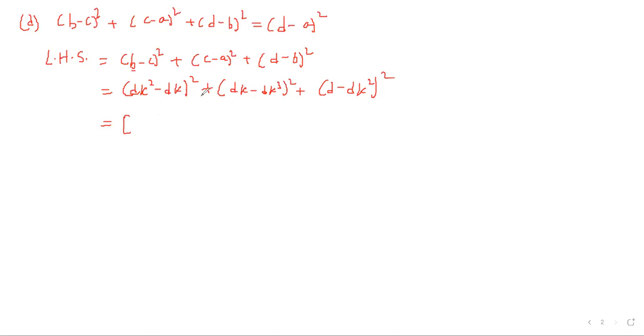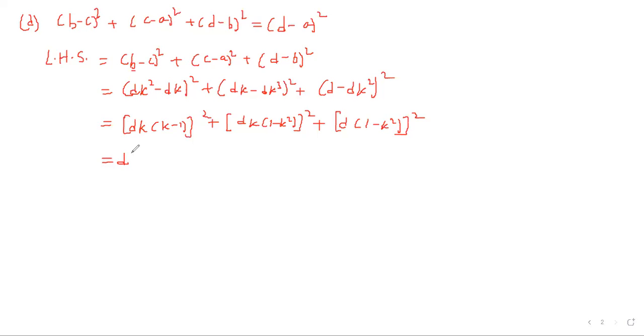So DK square minus DK, DK is common into K minus 1 whole square plus, in the second bracket DK is common again, so 1 minus K square whole square. In the third bracket D is common into 1 minus K square whole square.